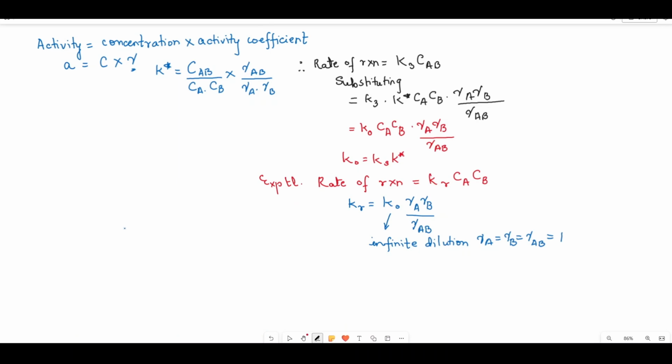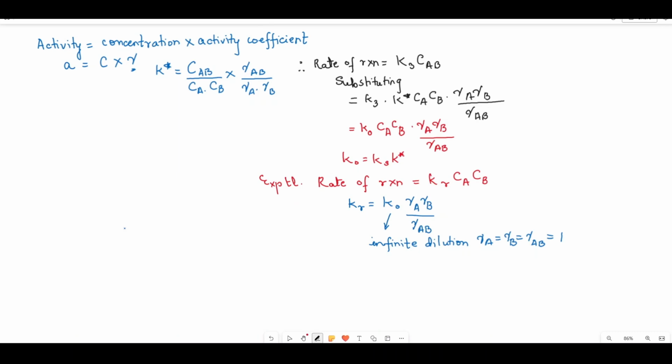So it is evident that any added substance which alters the value of activity coefficients of reactants and activated complex will change the experimental rate of reaction.